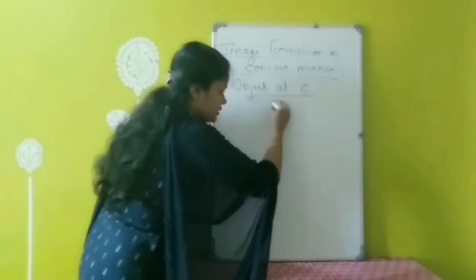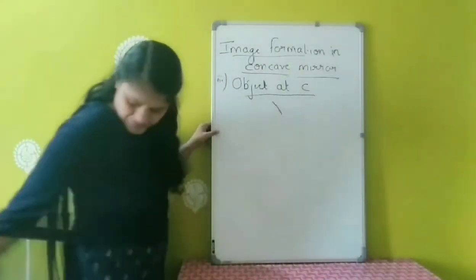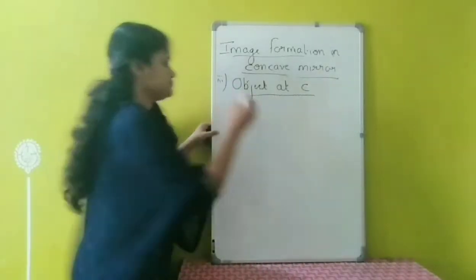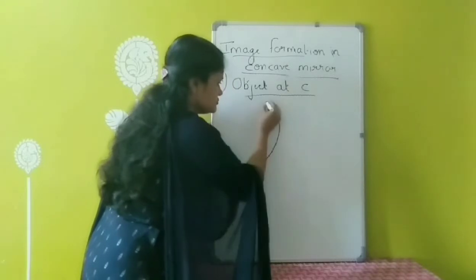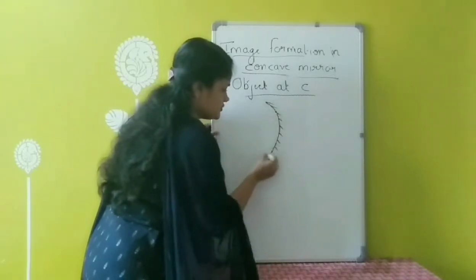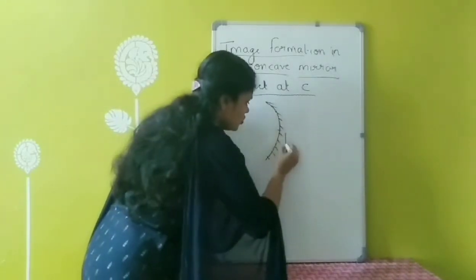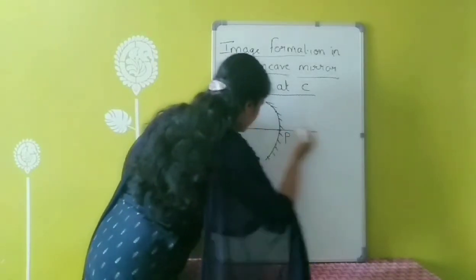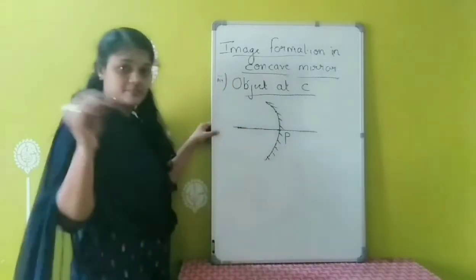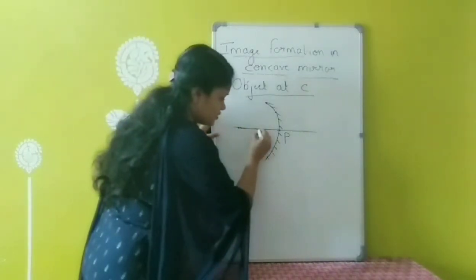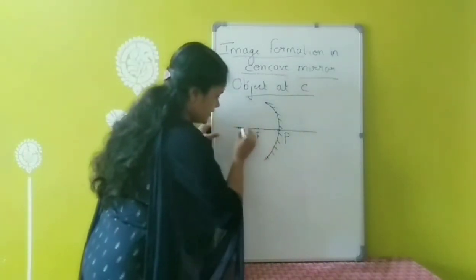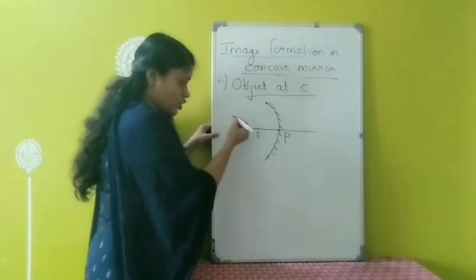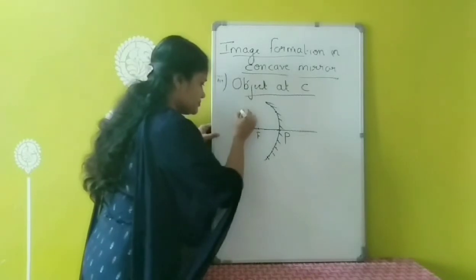So I am taking a concave mirror, pole, principal axis, and taking focus somewhere here, and this is the center of curvature, and I am taking the object at the center of curvature itself.